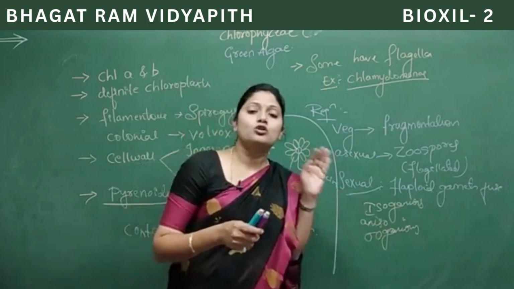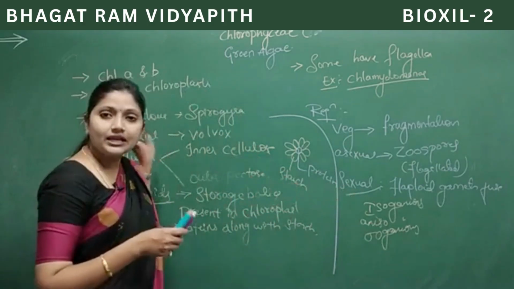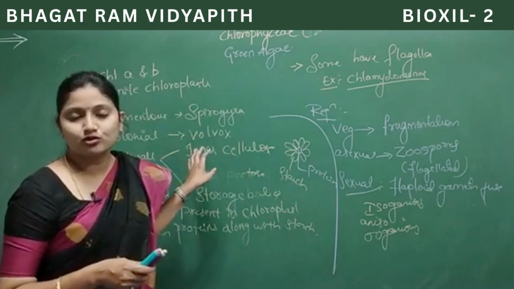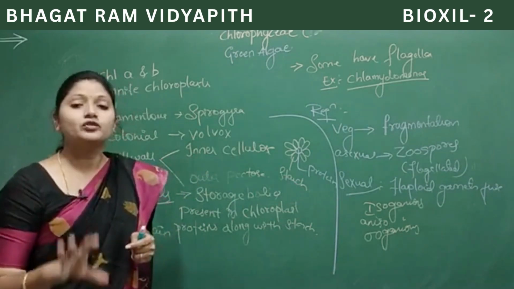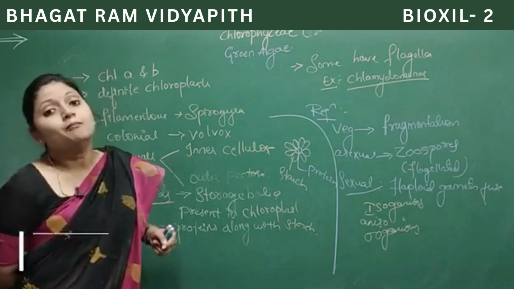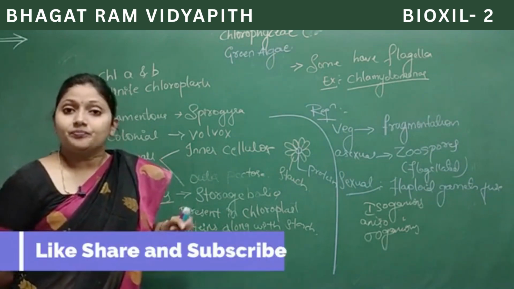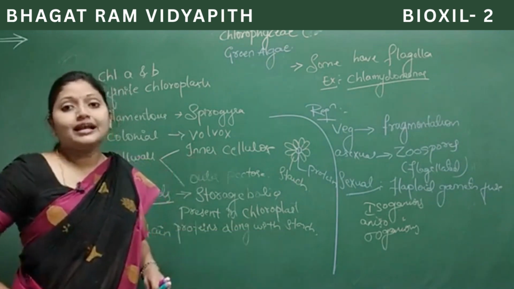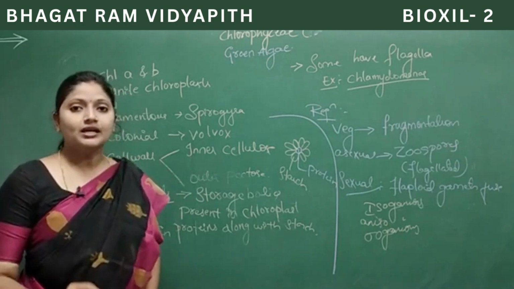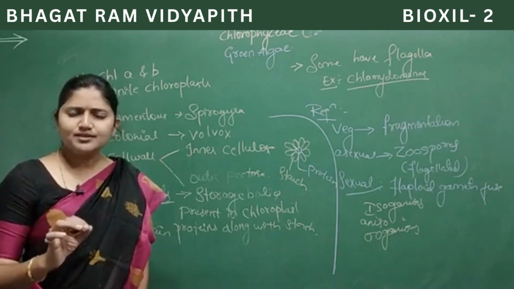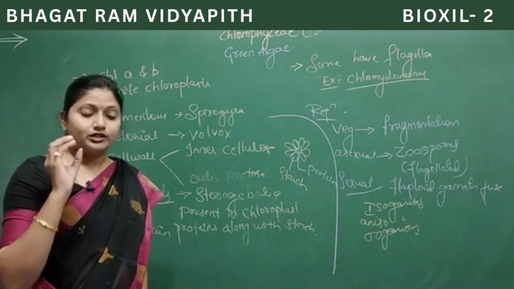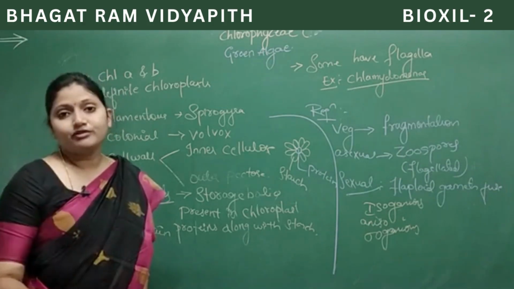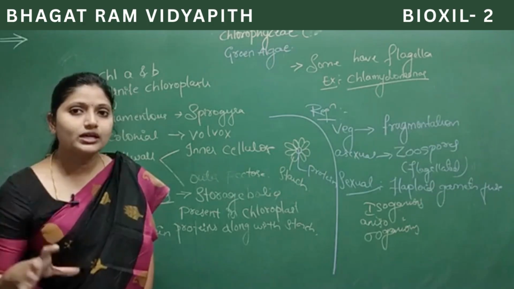Okay, so we will quickly revise the characteristics of chlorophyceae. Chlorophyceae are called green algae, mainly due to the predominant pigments, chlorophyll A and chlorophyll B. There is a very definite chloroplast, and they can be filamentous or colonial.